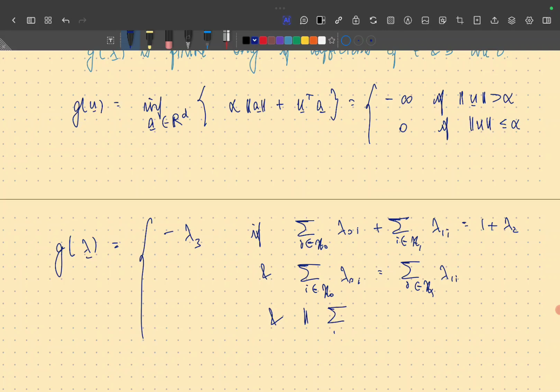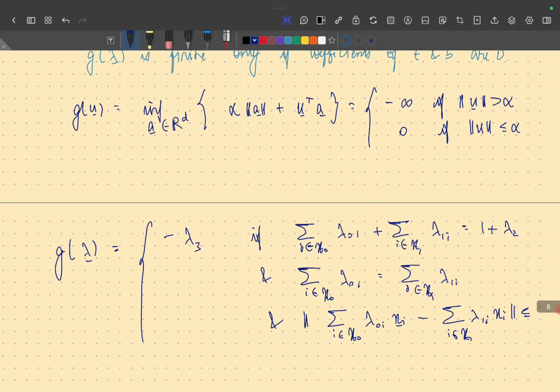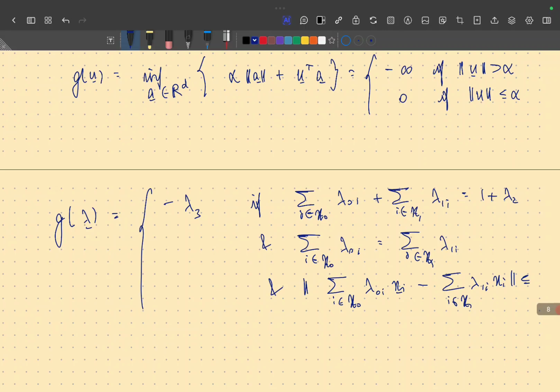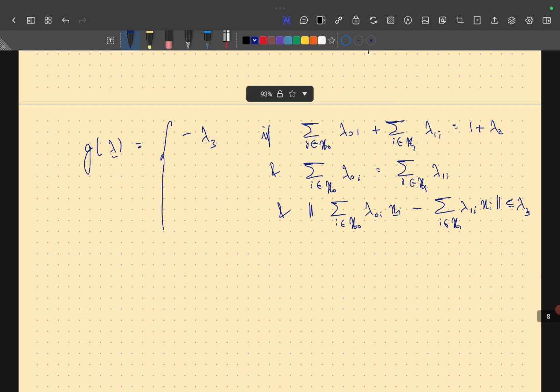The norm of the summation over i in x0 of lambda 0 i xi minus the summation over i in x1 of lambda 1 i xi should be less than or equal to lambda 3. If any of these conditions are not satisfied, then it's equal to minus infinity.